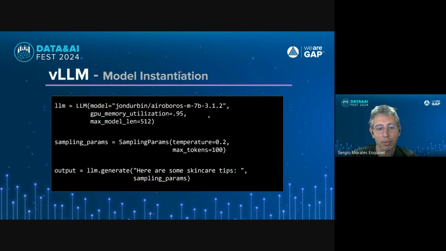I am also specifying a couple of sampling parameters. So the temperature is something that you're going to come across regardless of what library or package you're using when it comes to LLMs. And it could basically be exchanged for creativity.